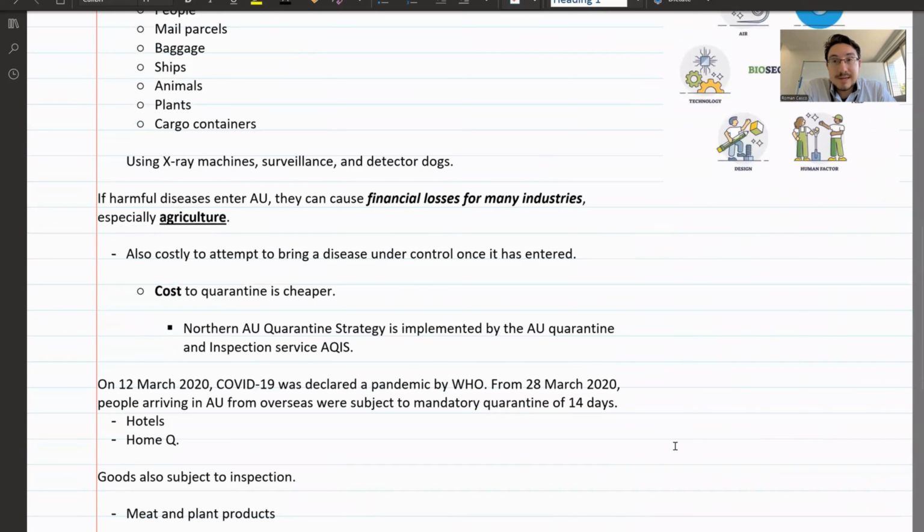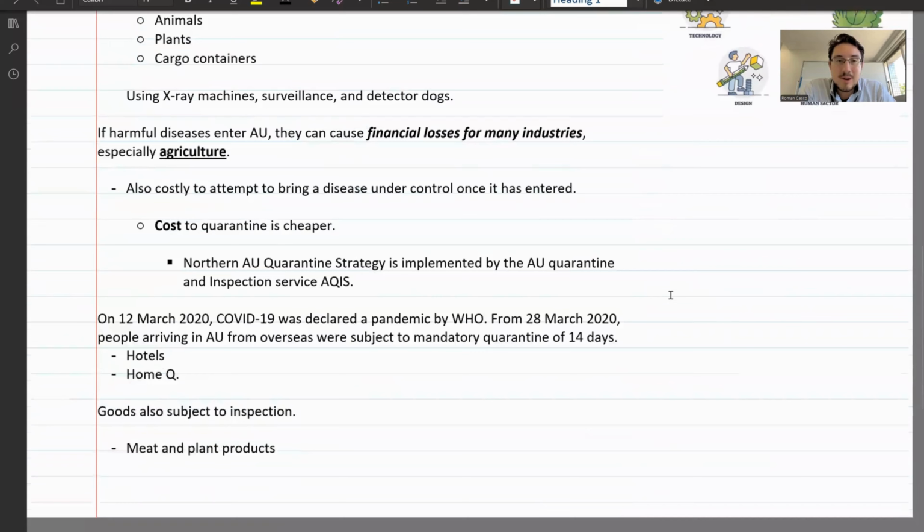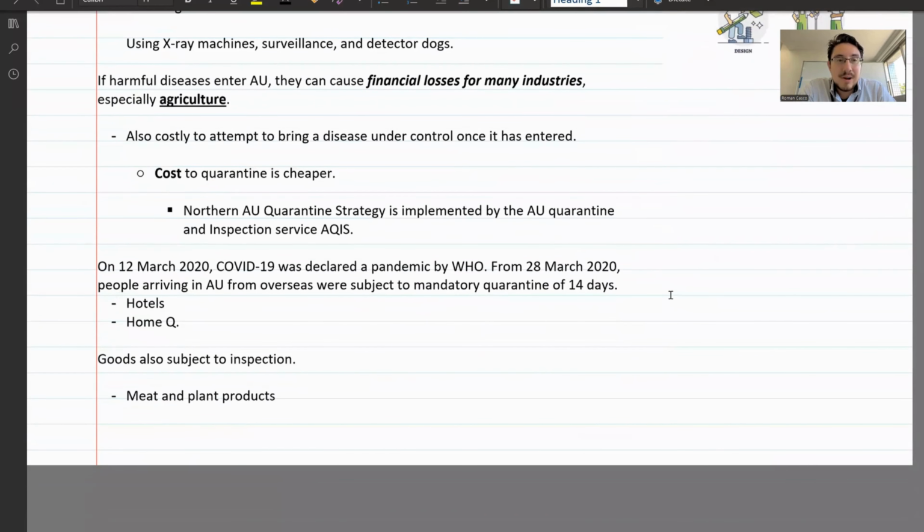And not just for the sickness that it can bring and devastate a population, but again, finance, right? Economy, right? If a harmful disease gets into Australia, it can cause a lot of financial loss for many industries, right? Especially agriculture. You can see that happening with swine fever, which basically devastated populations of pigs, right?